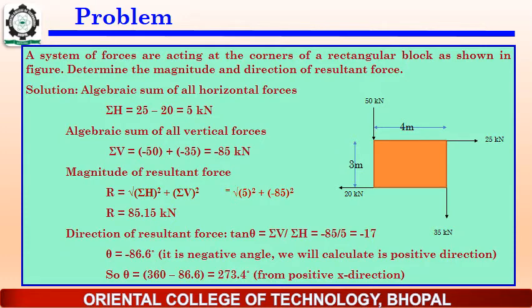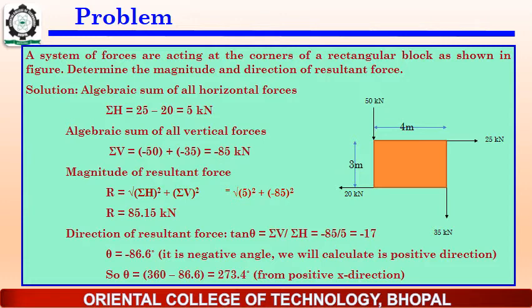After that, we have to calculate the resultant force and magnitude of resultant force. In previous lecture, we have shown the resultant formula is equal to under root of summation of horizontal force square plus summation of vertical force square.